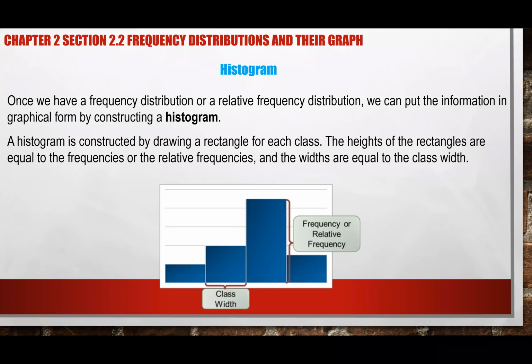We use the bar graph for qualitative data, meaning categories. How many people are using MasterCard, how many using Visa, how many using American Express, how many using Discover, meaning those are categories. So we can just put a bar for Visa, a bar for MasterCard, a bar for American Express, and so on and so forth. It doesn't make any difference.